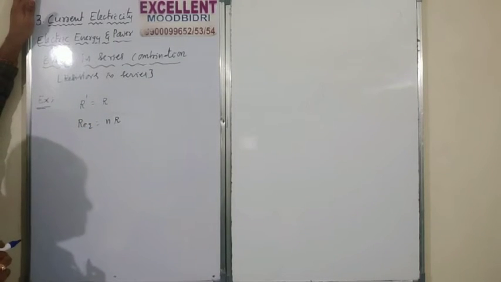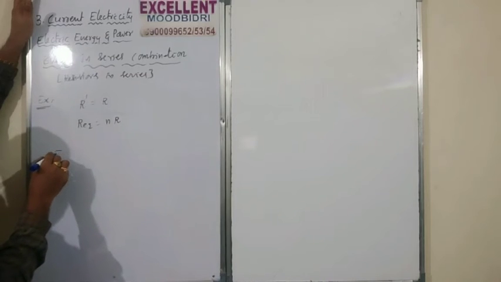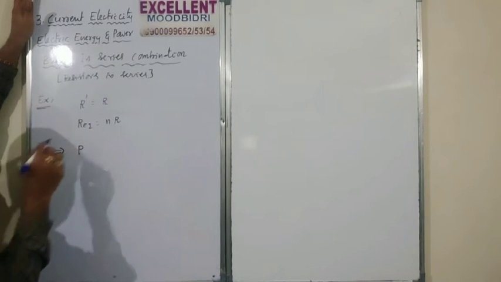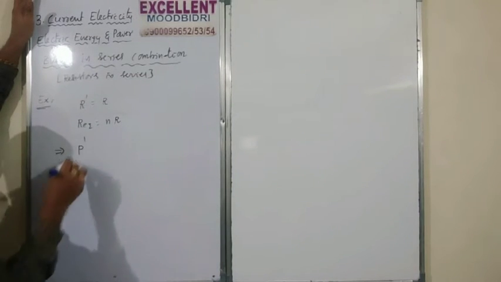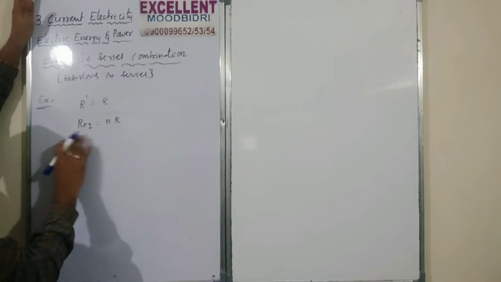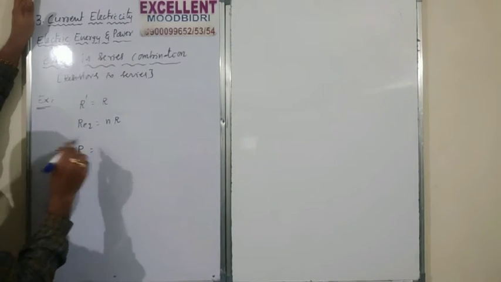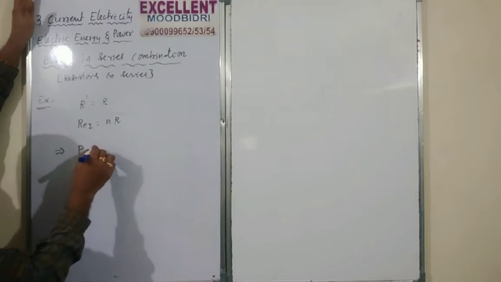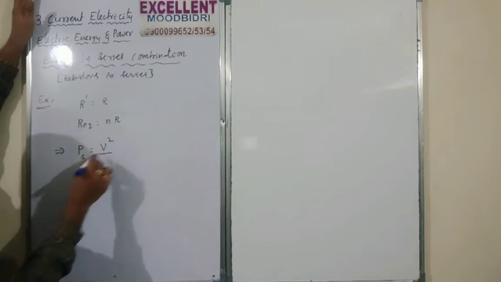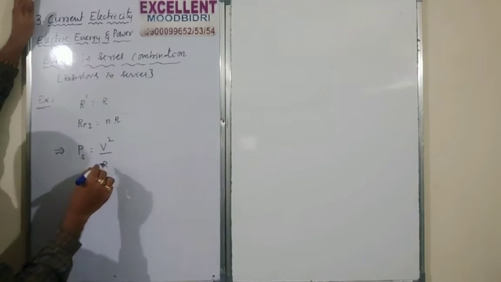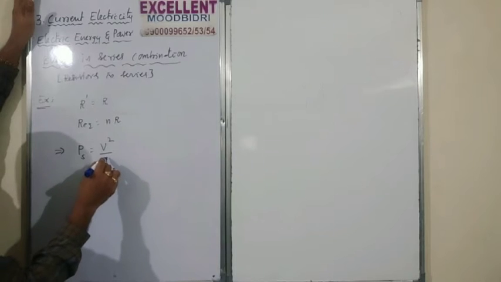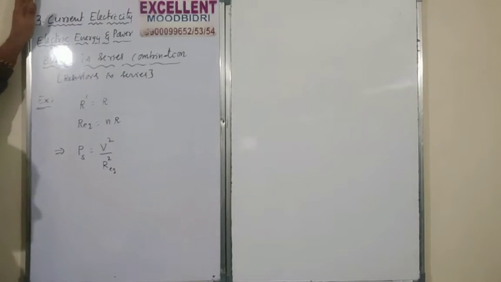Correct? N into R. Now the power for the series combination, P dash or PS. The series combination general formula is V square by R equivalent. Correct or not? Why?